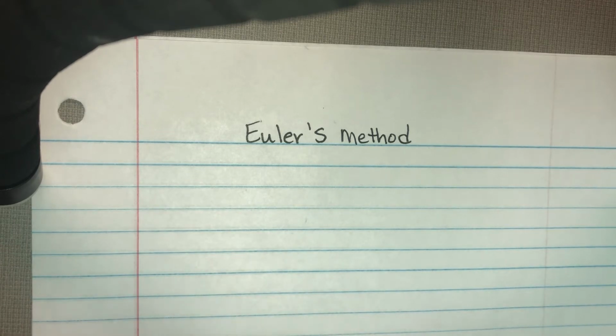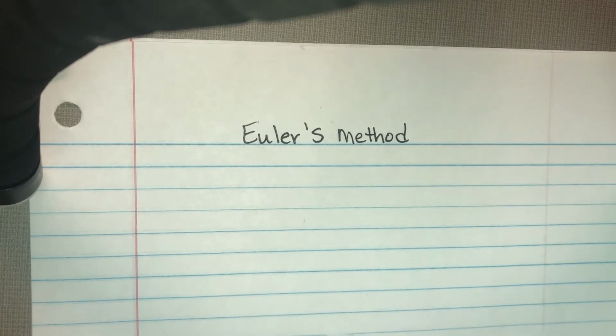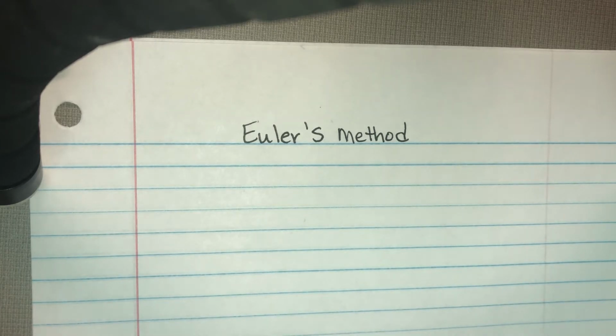So today we're learning Euler's method, which is pretty much guaranteed to be on the BC calculus exam, at least one problem. And it's a method of approximating y values. Okay, so we're not coming up with exact values. We're using a process to approximate a y value of a function.